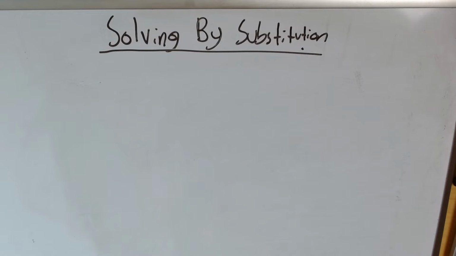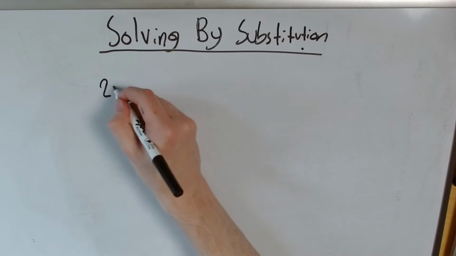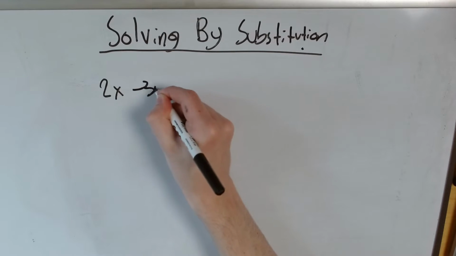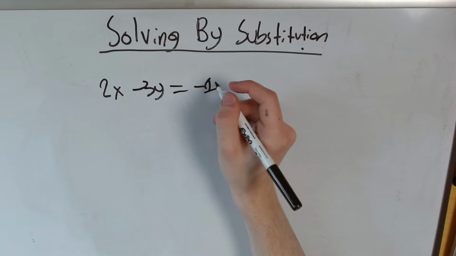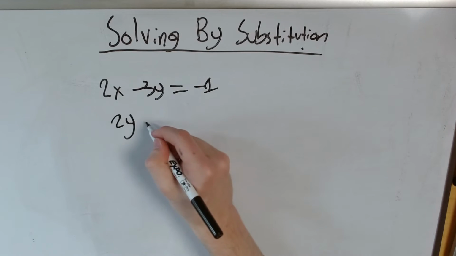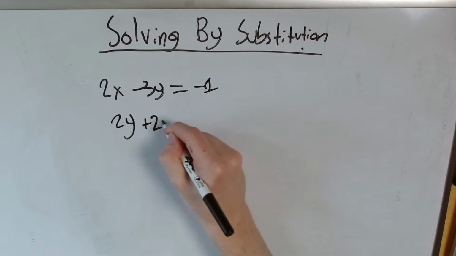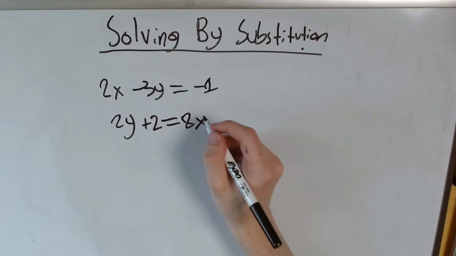So here, let's say we're given something like this. 2x minus 3y equals negative 1. I was also given 2y plus 2 equals 2x.